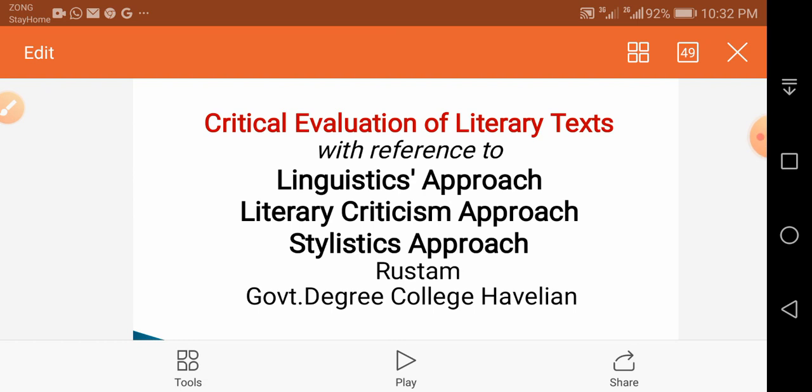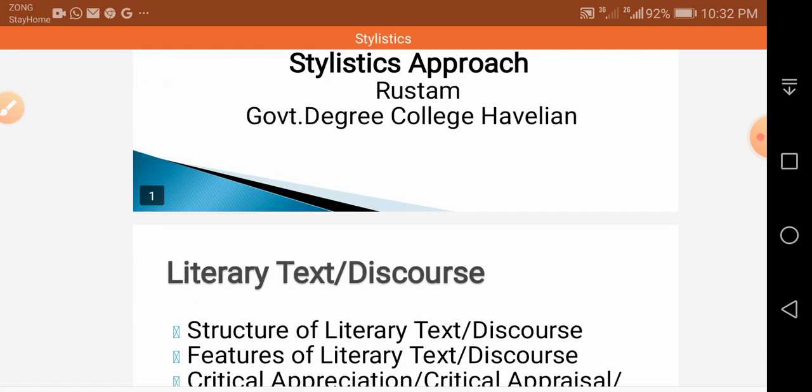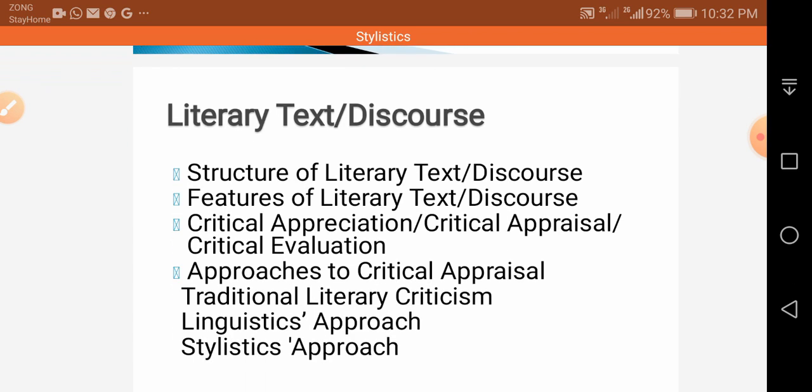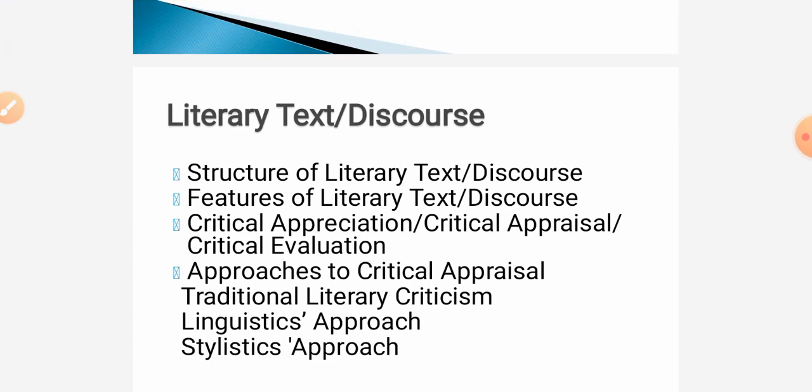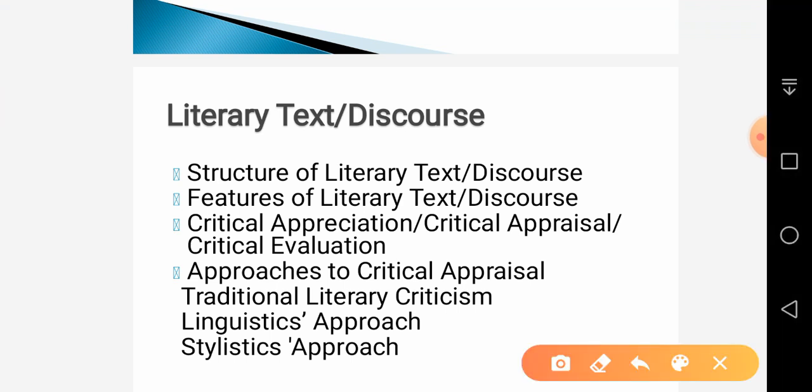I'll be discussing three approaches for critical appraisal of literary texts, which are linguistics approach, literary criticism approach, and stylistics approach. So, in this talk, I will briefly touch upon the structure of literary text or discourse, and then features of literary text.